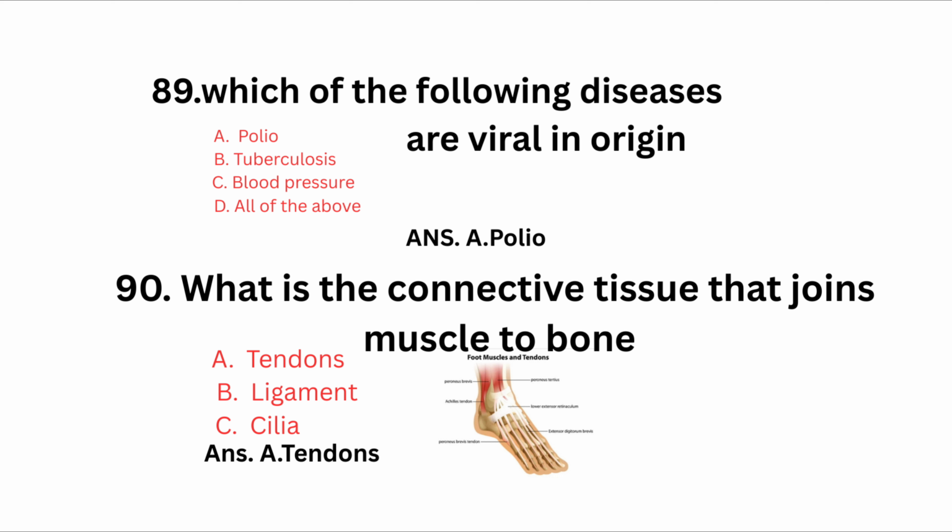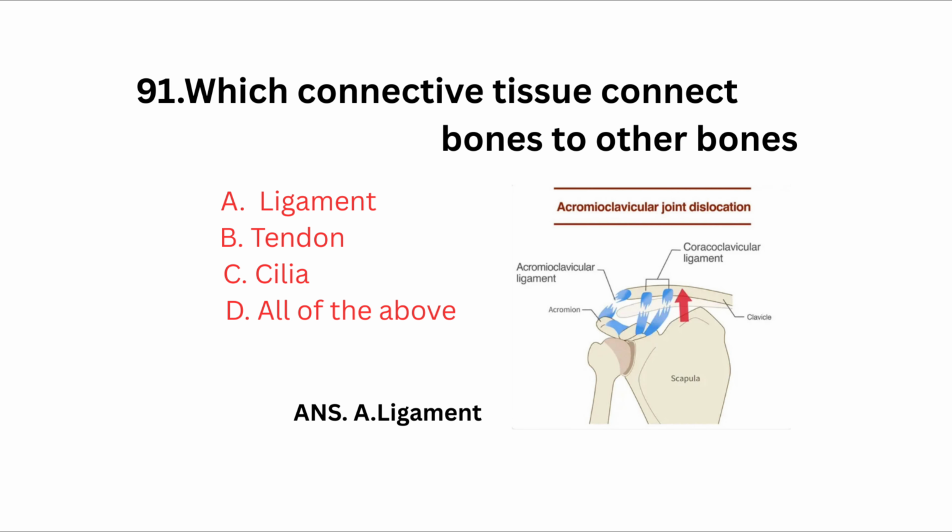There are two things. One is muscle to bone, another one is bone to bone. So the tendons attach muscle to bone. Next, 91. Which connective tissue connects bones to other bones, as I was saying already? A. Ligament. B. Tendon. C. Cilia. D. All of the above.